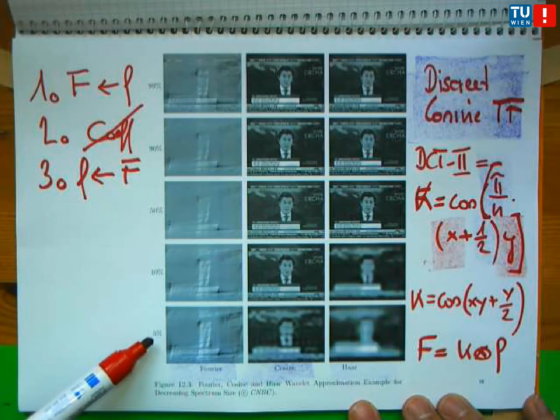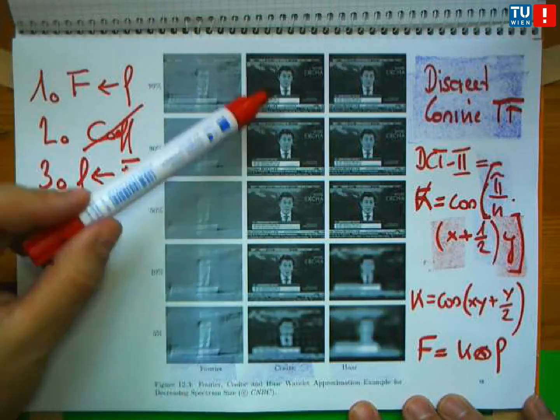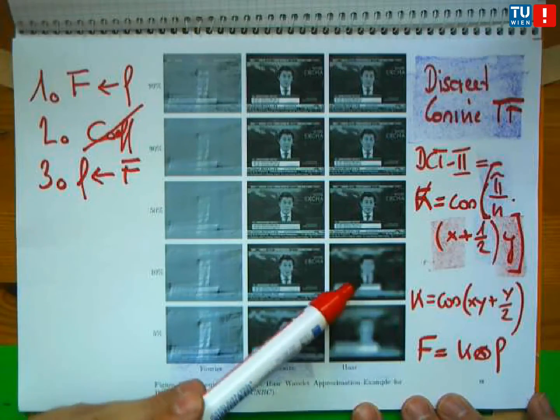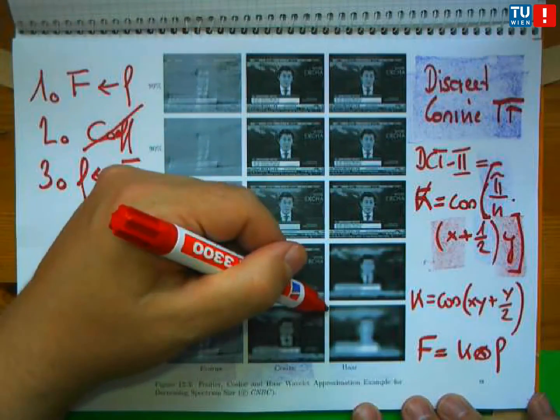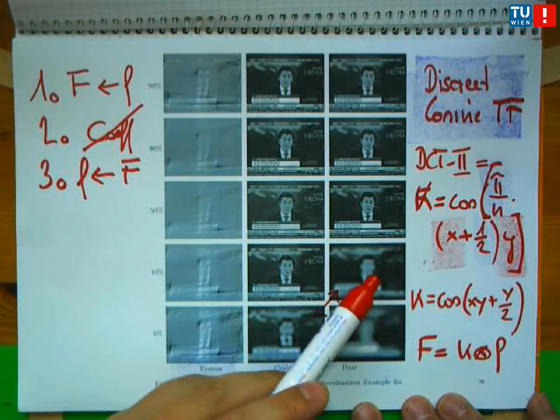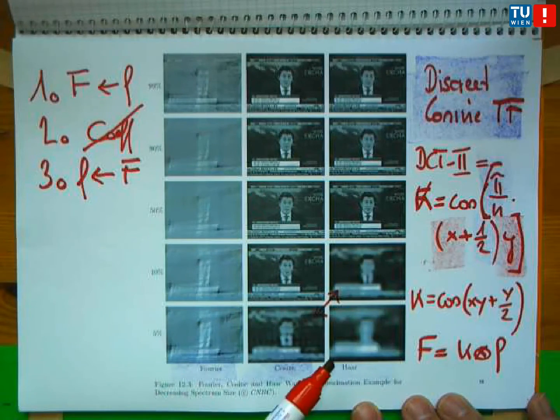Only if we remove 95% of the coefficients, the codec, as we say, breaks down, and the back transformation is not able anymore to reconstruct the original image. It is similar for the wavelet transformation, but actually the wavelet transformation already breaks down one level earlier. At 10%, face features are gone, whereas in the cosine transformation, at 10%, they are still there.